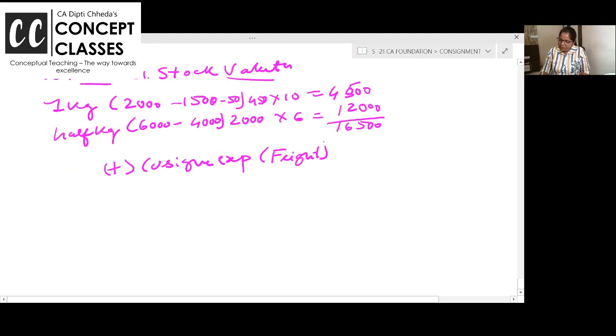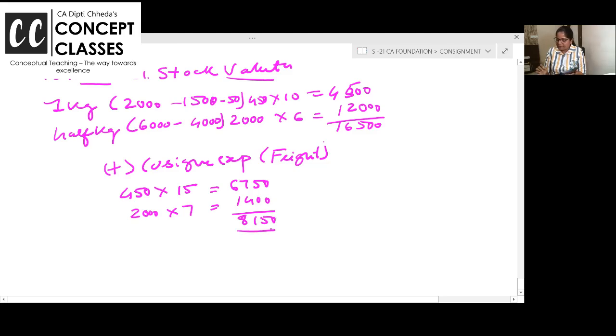So freight you will have to calculate, no? On selling price, 450 units are going to be sold at 15. 2000 units are sold at 7. So calculate how much it comes to. 450 into 15, 6750. 200 into 7, 1400 plus 6750, 8150.